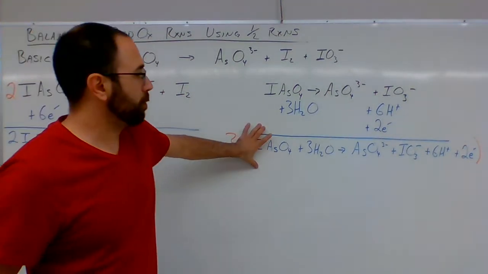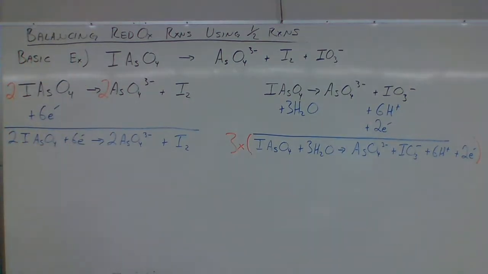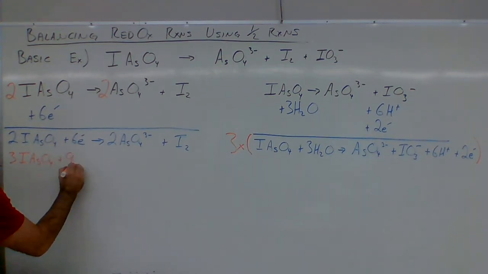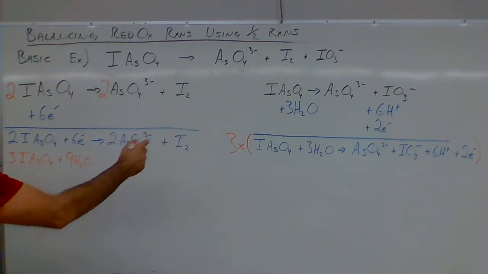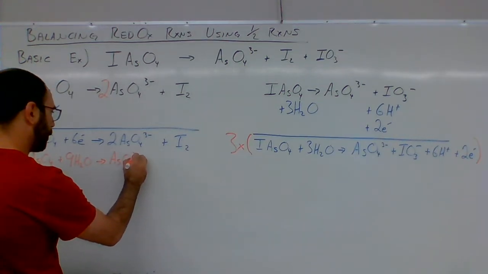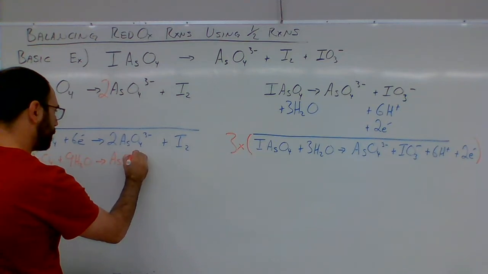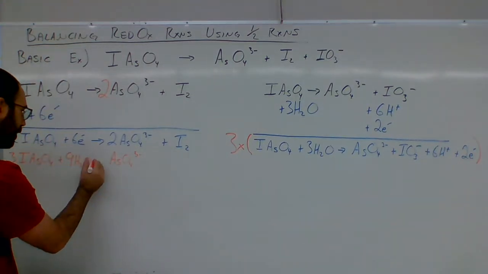Okay, let's take this whole piece now that we've multiplied it by an integer. We can then take that and add it to this half reaction over here. So we've got an additional 3 IASO4 plus 9 H2O. That's going to give us 3 ASO4 3 minus, because I forgot to multiply by 3.